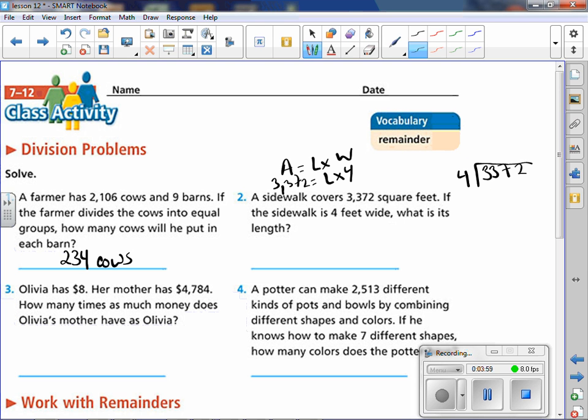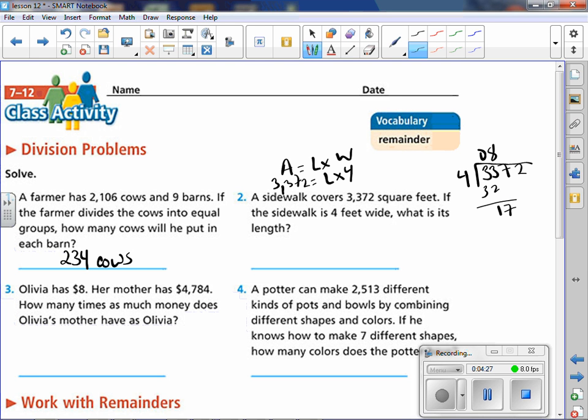Okay? When I start looking at this, I think about, does 4 go into 3? No. 4 does not go into 3. If you need to put that placeholder 0 up there, go for it. Does 4 go into 33? Yes. How many times? What times 4 is 33? Well, 8. Okay. 8 times 4 gets us 32. So that's pretty darn close, right? And then we bring our 7 down, bring our 17 down.